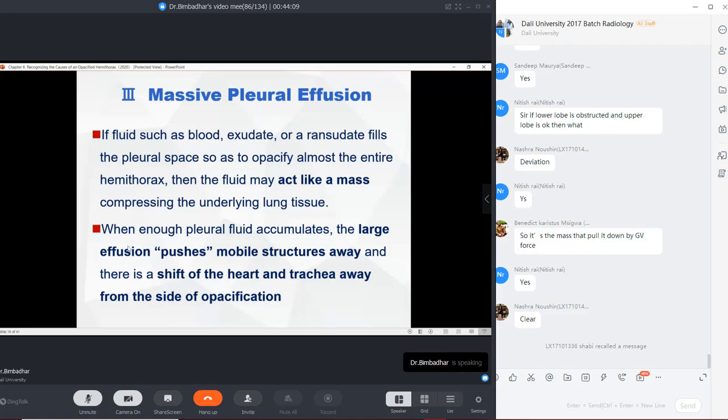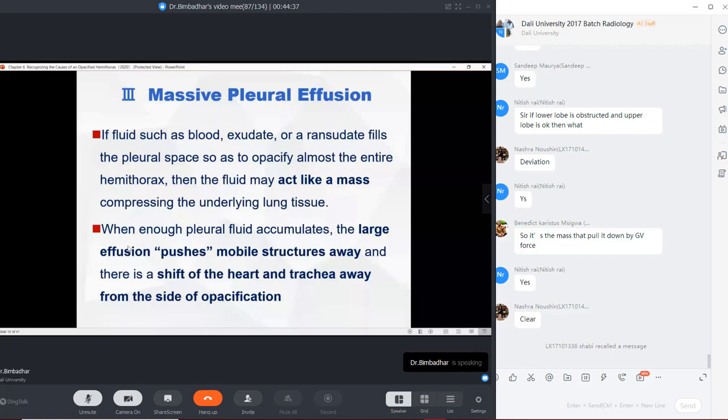It is as if I am pushing a car. If I'm standing at the back of the car and I push it, the car will move forward. The same thing is happening here. As the fluid increases inside the pleural cavity, the lung will eventually collapse, and at the same time the accumulating fluid will push the trachea to the contralateral side.